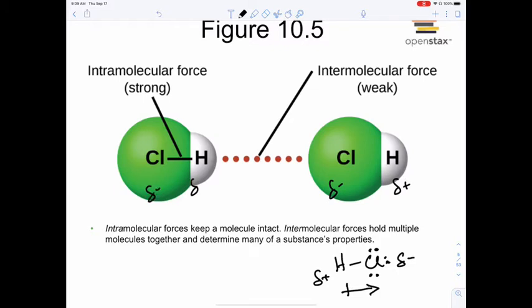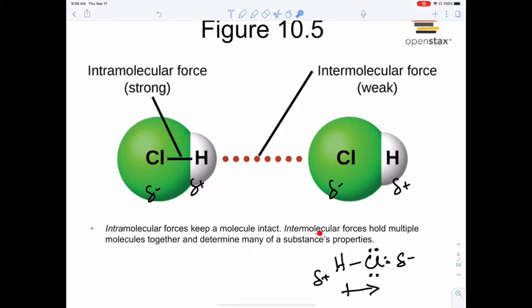And because chemistry is all about attraction, there's going to be an attraction between this negative end and this positive end of this other molecule. And so between the hydrogen and the chlorine is a covalent, extremely strong bond, but then there's this attraction between two molecules, and it's an attraction between a positive end and a negative end.